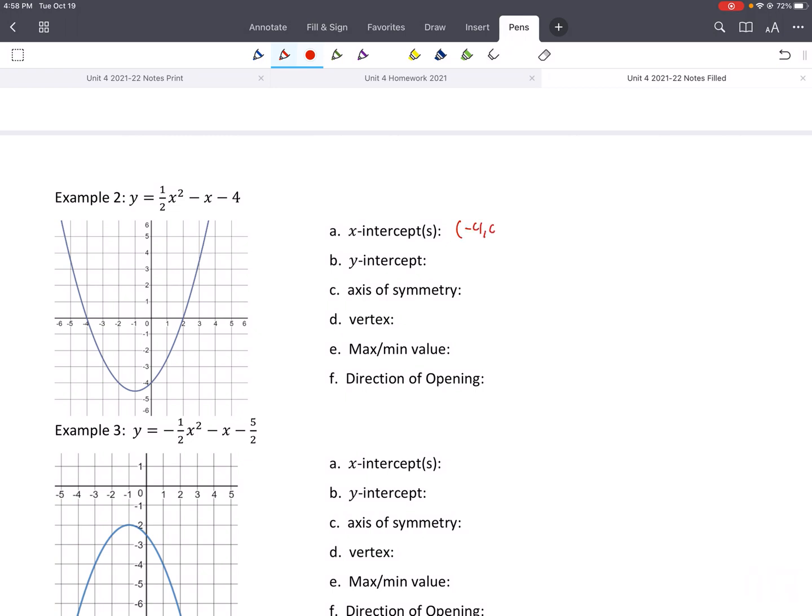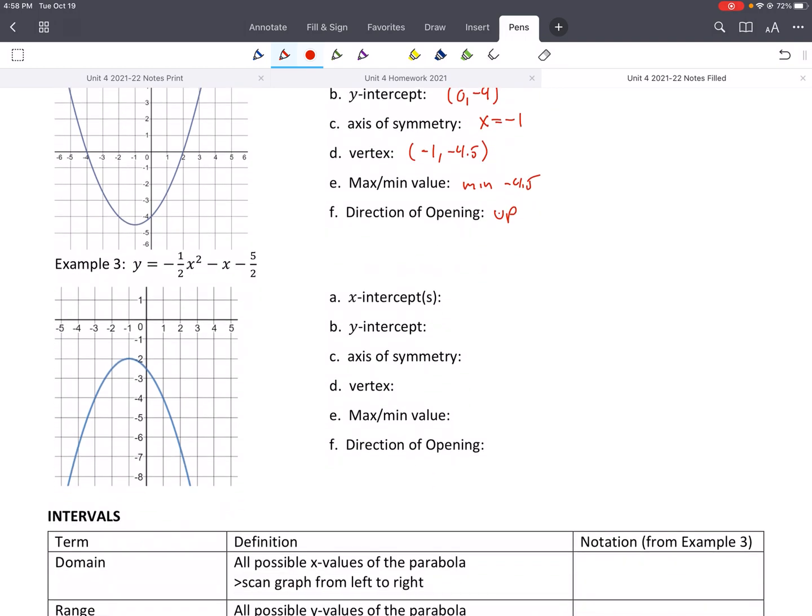So -4, 0 and 2, 0. Feel free to pause and do this if you'd like. Here we've got 0, -4. Axis of symmetry is x equals -1. Vertex here looks like -1, -4.5. And we have a minimum of -4.5. And the direction is up.